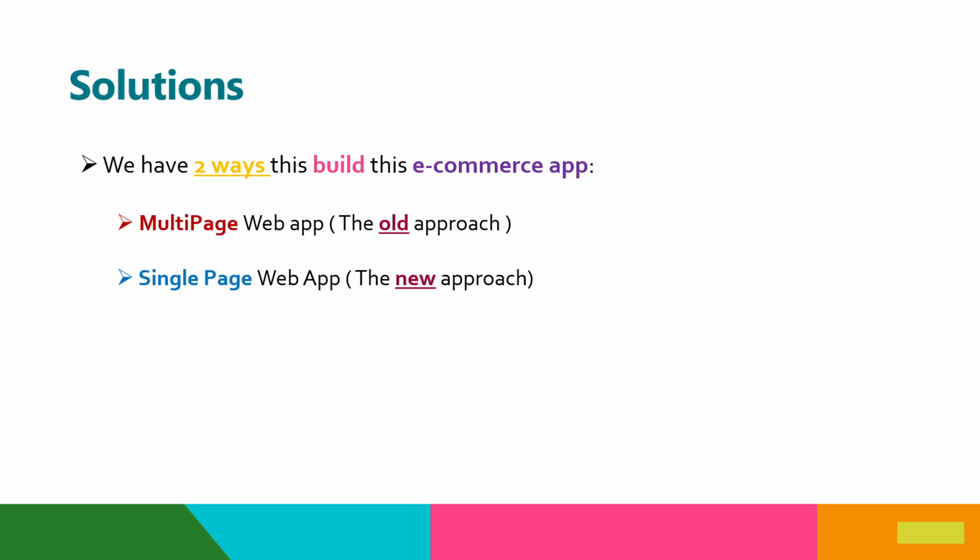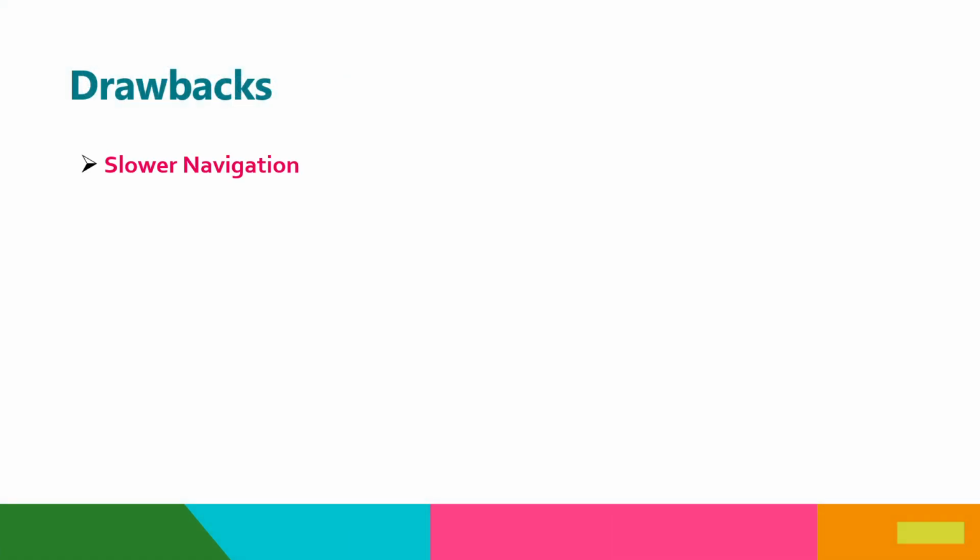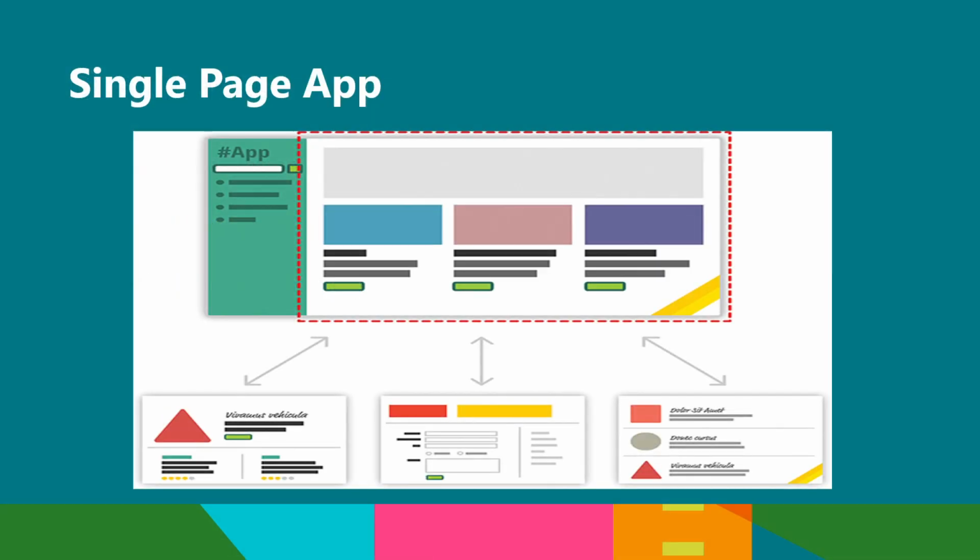And a single page web app, which we build using React, the new approach. Multi-page means we are building multiple pages in a single website. Its drawbacks are slower navigation, worse user experience, and not very mobile friendly.